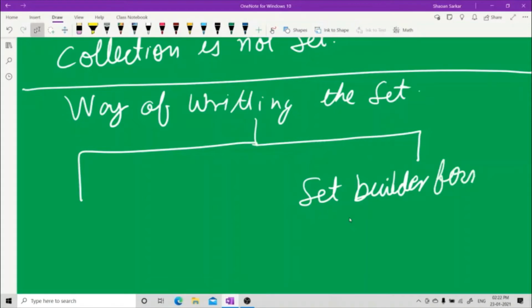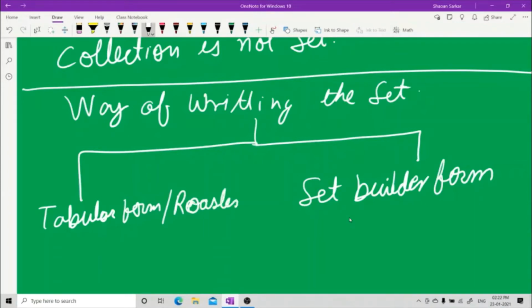This I am doing for all those students who didn't have maths in class 11th and 12th, and those who had, they know it already. Set builder form. The other is the tabular form or the roster form.